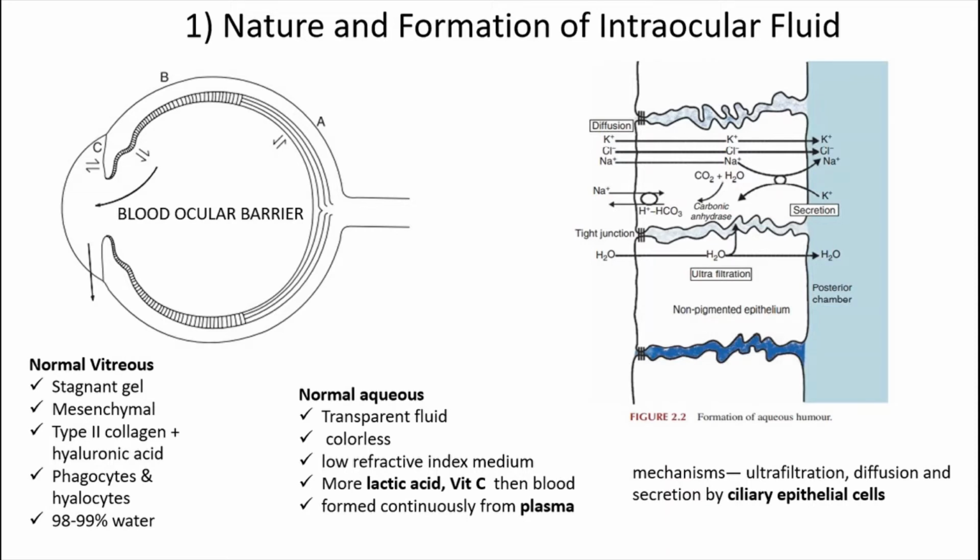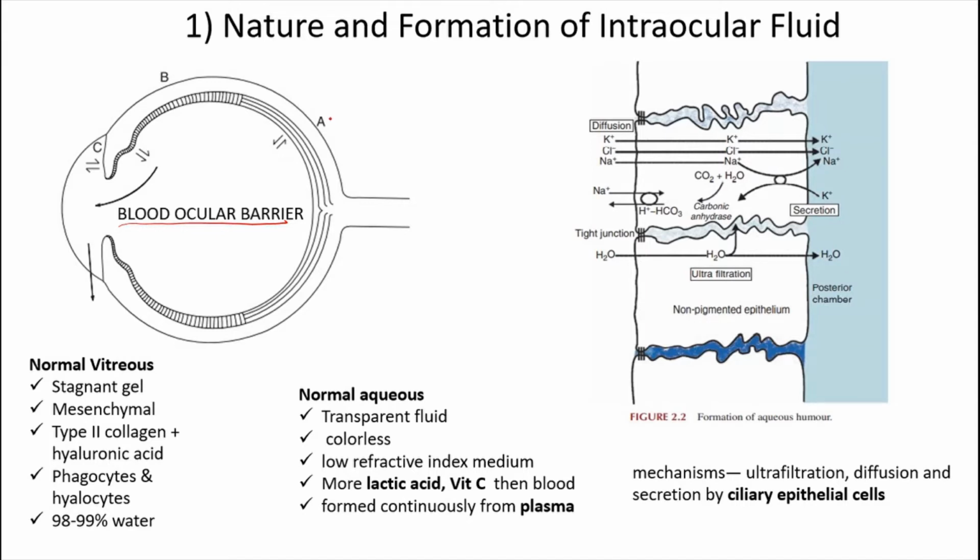Now, in the body, if I talk in general, if there is an exchange going to happen between two things, that is your tissue and the capillaries, then there must be a barrier, right? There must be a two-way communication for transference. Similar is the case with the eyeball. There is a blood-ocular barrier which is involved in the fluid transfer.